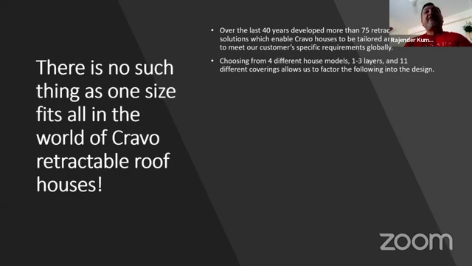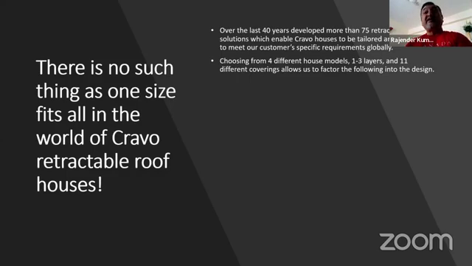So for choosing from 4 different house models, we have a flat roof for a tropical dry location, then 3 peak roof model for a tropical, you can say, humid location.